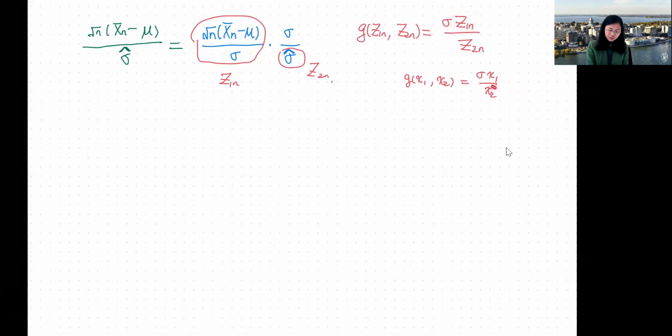It is also continuous in x2 whenever x2 is not 0, so it's continuous in the second argument at any non-zero point. For the continuous mapping theorem, we only need the continuity of g in the second argument at the value equal to the limit, that's the little z2. So this is continuous.